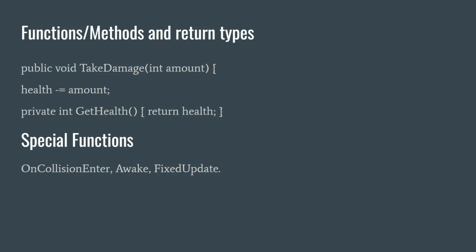This bracket always needs to be there, and then inside the body, which is marked by the curly brackets, we say return, which is a keyword saying that we want to return this value, which is the health, and this health has to be of type int. This might seem like too much, but as we go into it, I'll give you some intuition on how to actually think of this.